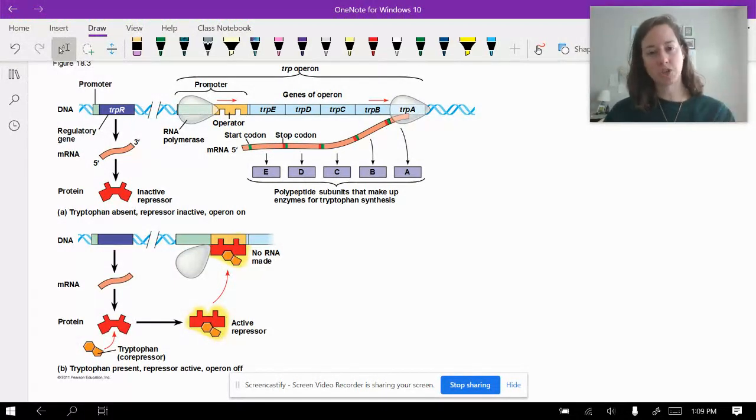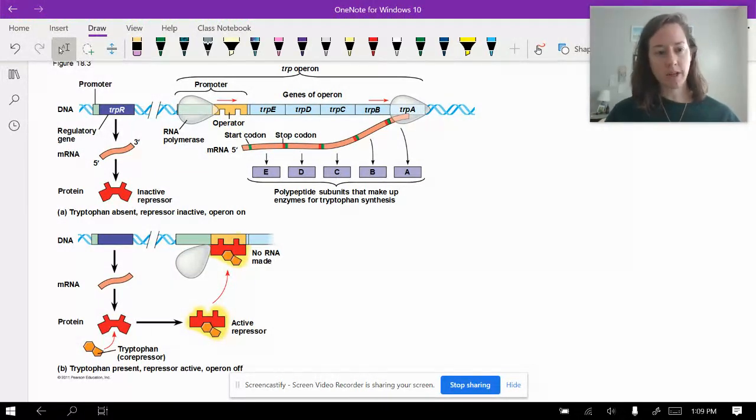Then further downstream, which is what we call that, there is another promoter that includes an operator, which is the location where the repressor eventually will bind, and RNA polymerase is ready to take off and do transcription. Inside the operon, there are many different genes that are responsible for the production of tryptophan.